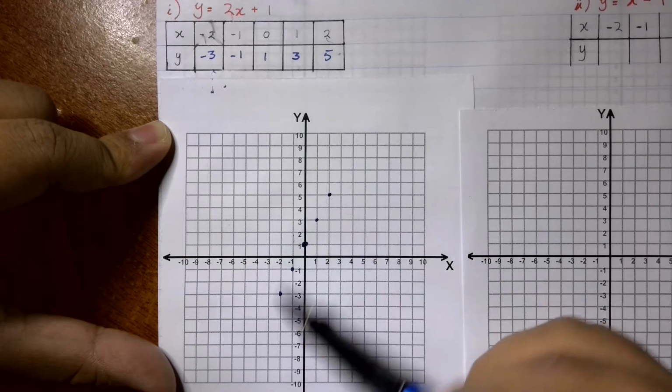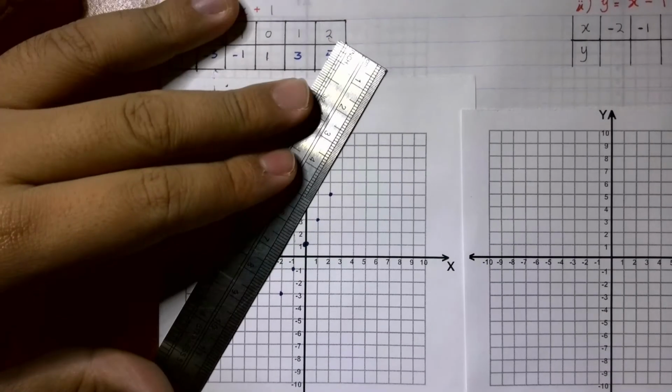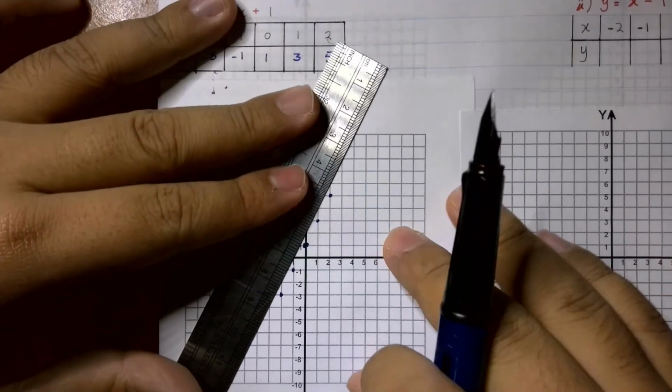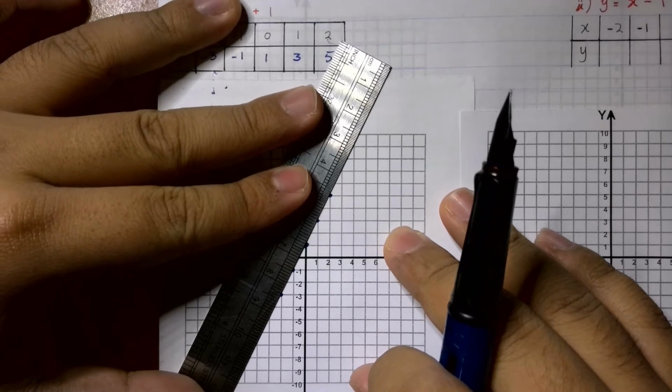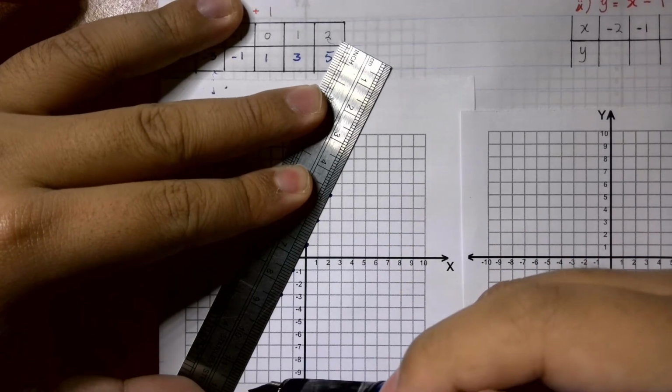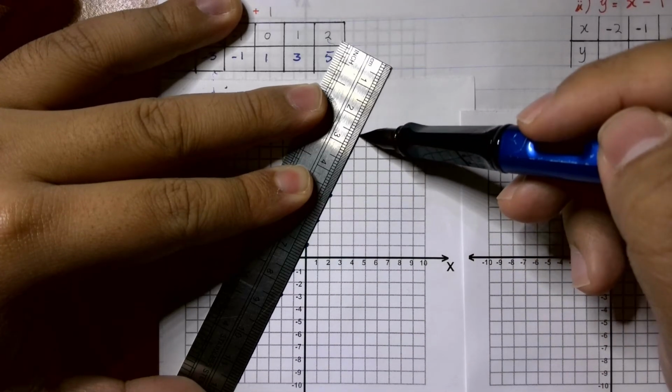And using these points here, we're going to grab a ruler, and we need to join these points as straight as we possibly can, because this is what will create the linear relationship.